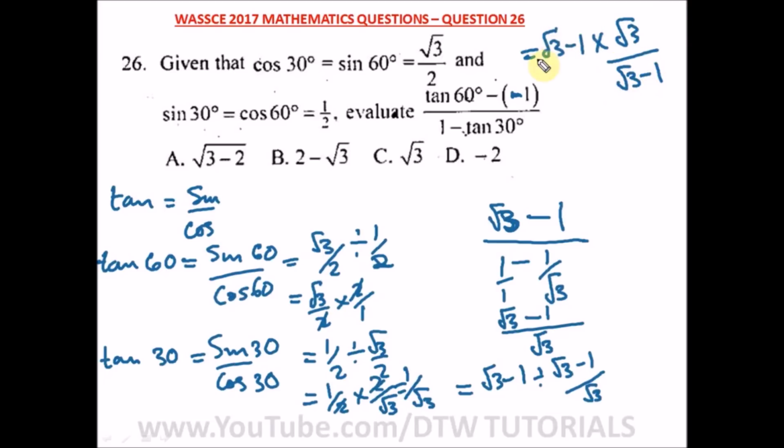And you can see root 3 minus 1 can cancel root 3 minus 1. So we're left with our answer as root 3. But that's only when you have your answer in the options. I would advise you, if you solve and you don't get the answer in the options, just leave that question blank, don't tick it.